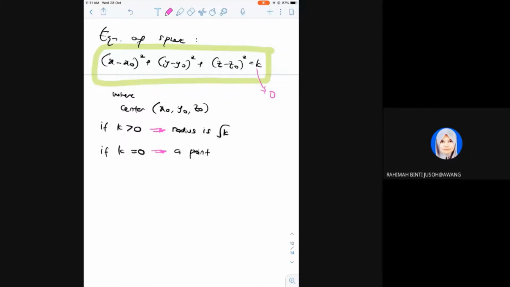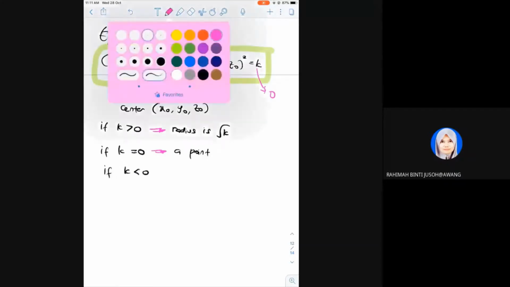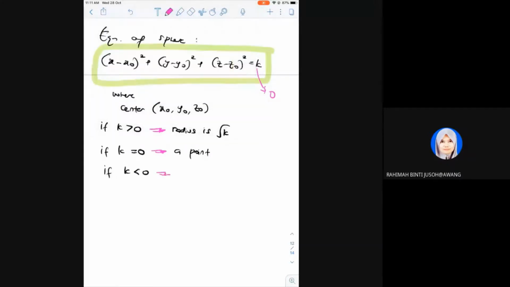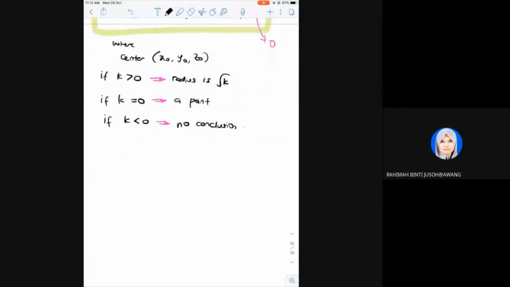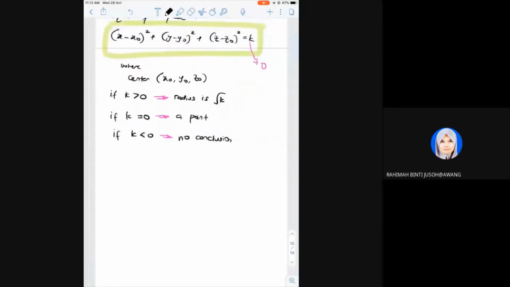Okay? And next, if k less than 0, what happened is no conclusion. Okay? There are no conclusion. Alright, so let us solve question in the exercise 1.3. Jadi kita ada soalan modul lah.